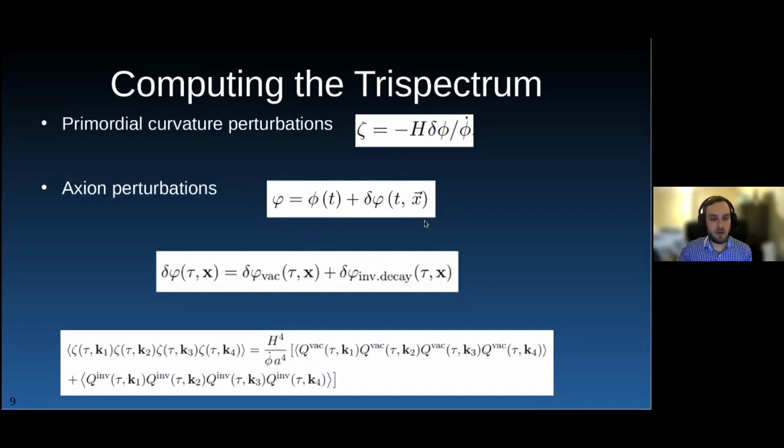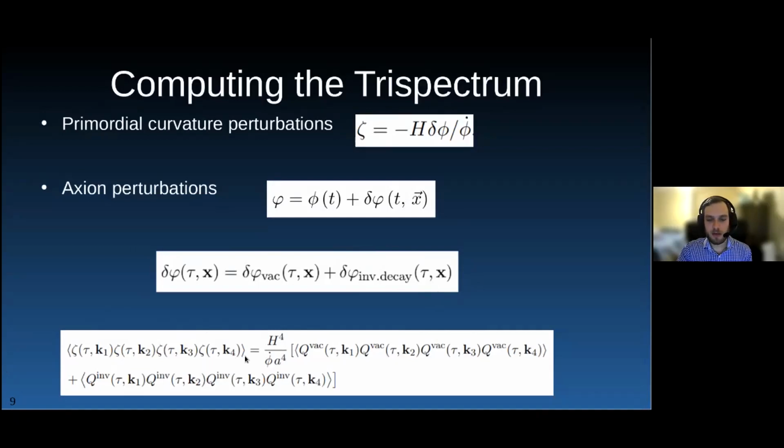And these small perturbations in the axion field can be written in terms of a vacuum contribution due to vacuum fluctuations, plus a contribution due to the inverse decay of gauge quanta into inflaton perturbations. So here we write down the trispectrum of these primordial curvature perturbations.